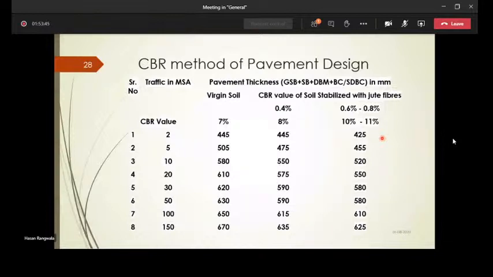Now, the question is why the quarry dust would have got the higher CBR value. Quarry dust, stone dust got a higher CBR value than marble dust. And what would have been the sand content in both the soils?